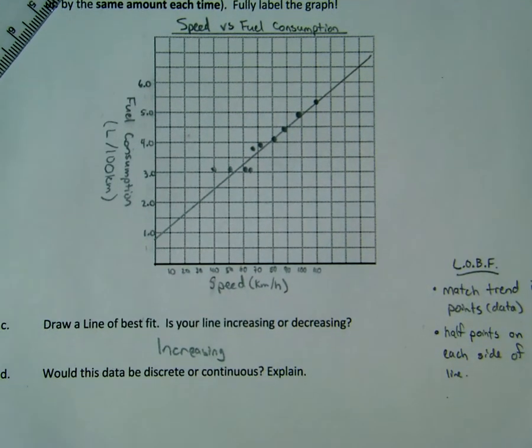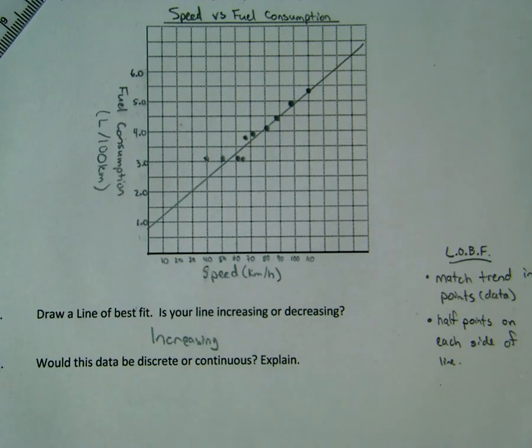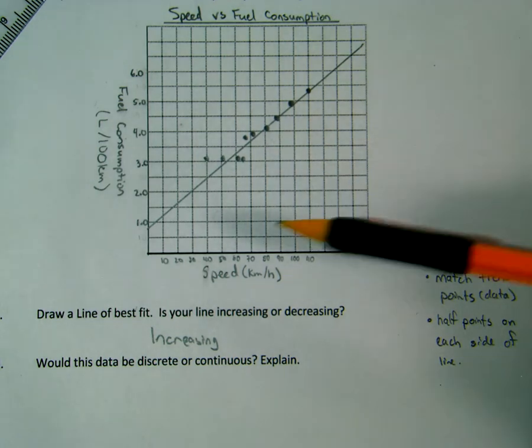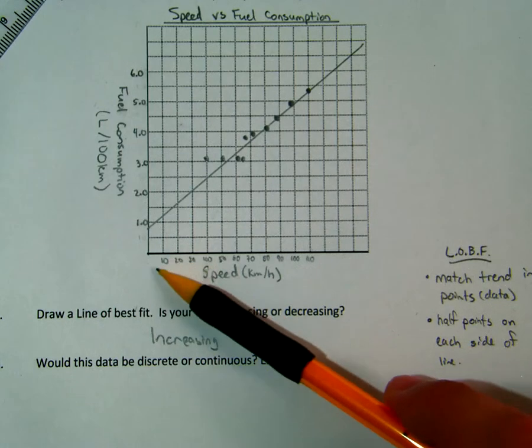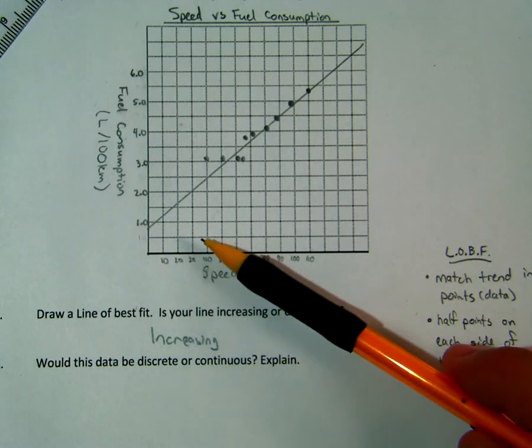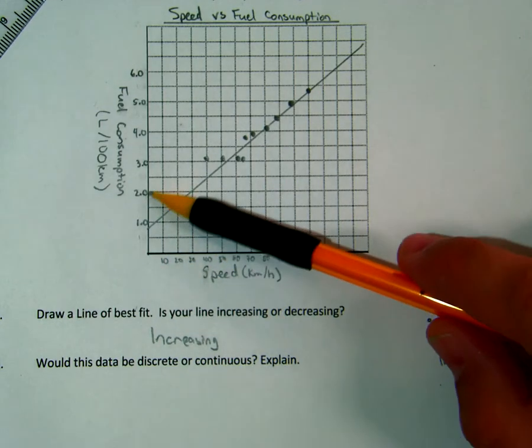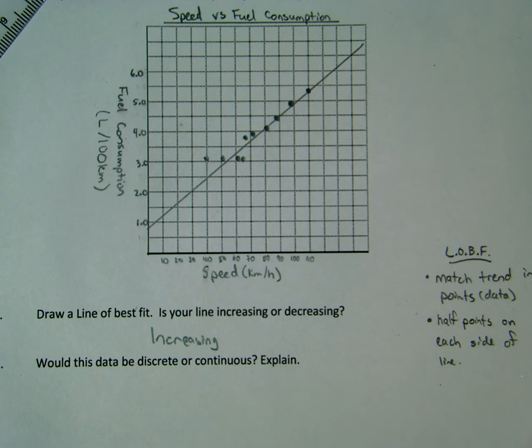Would you think this data would be continuous or discrete data? It's been a while since we've talked about this, but continuous data is data where it could be any number in between. Could you be going 0.5 of a kilometer, or could you have a fuel consumption of 2.16? Then the answer is yes, of course you can. It doesn't have to be whole numbers. It can be any number.